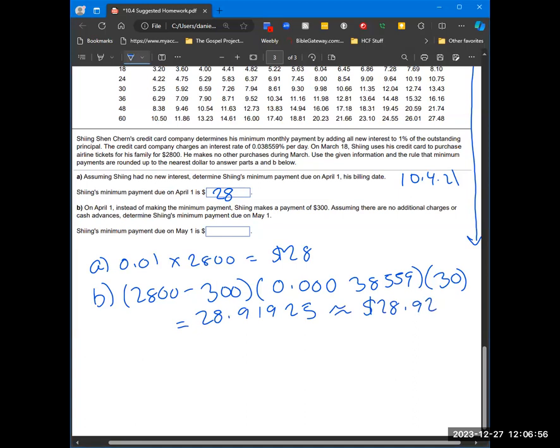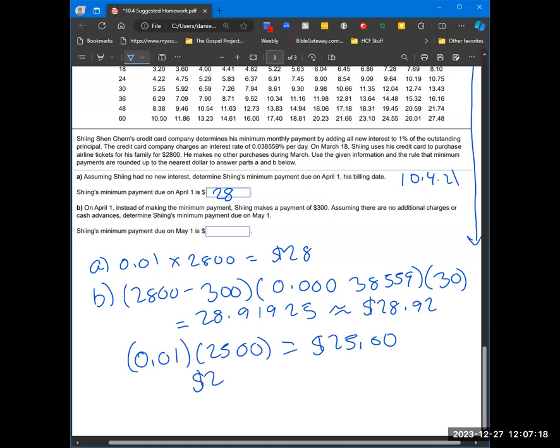And now we're going to take 1% of the amount that was the remaining balance. So 1% of the $2,500 that remained is $25. And we need to add these two numbers together here.